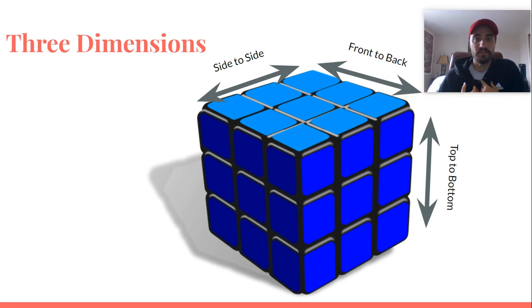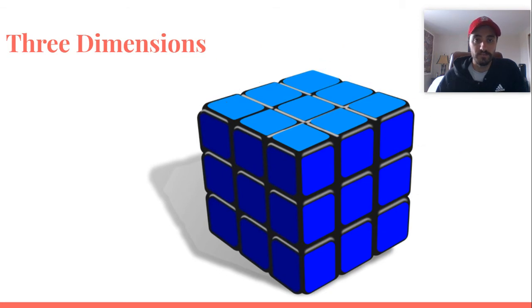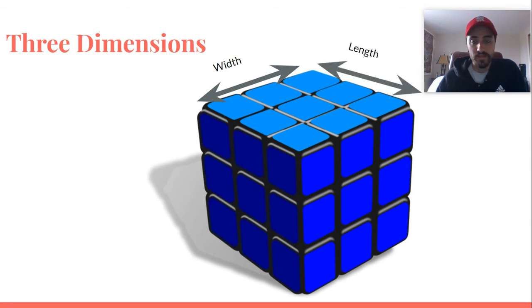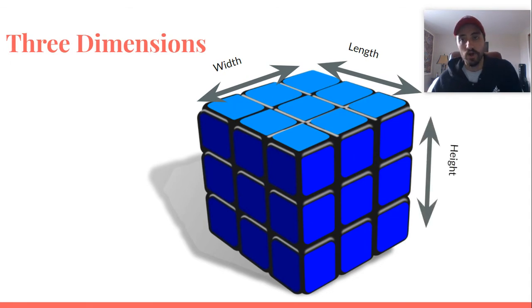I like to use the phrases side to side, front to back, top to bottom. But in math and in our textbooks, we're going to hear some different phrases. We're going to hear width, how wide something is, length, how long something is, and height, how tall something is.